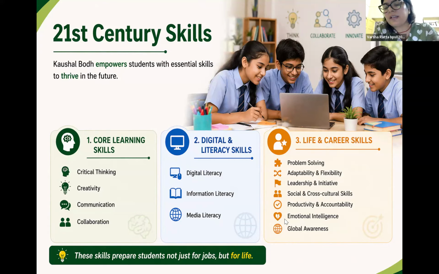Social and cultural skills are also very important, which is something now missing in our society. Probably most of us don't have these social skills, right? Nowadays, everybody is busy on the phone. People don't talk to each other, right? Similarly, productivity and accountability is important.